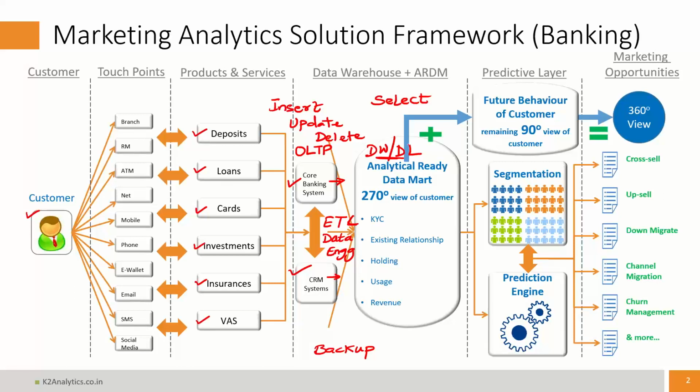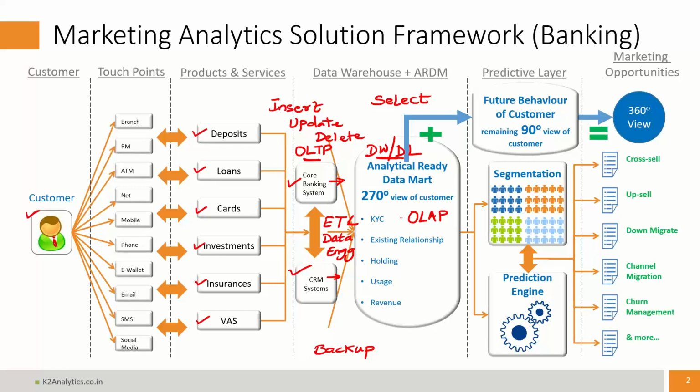This data is stored in a design. The original data was in a design which is OLTP. The data which is stored in a warehouse, the design is OLAP, online analytical processing.